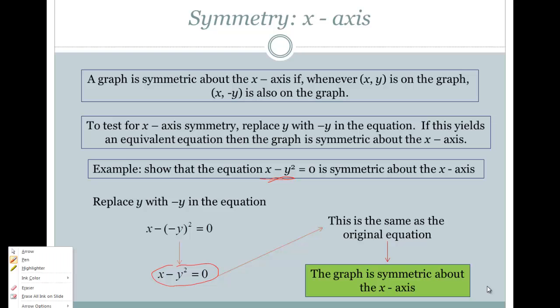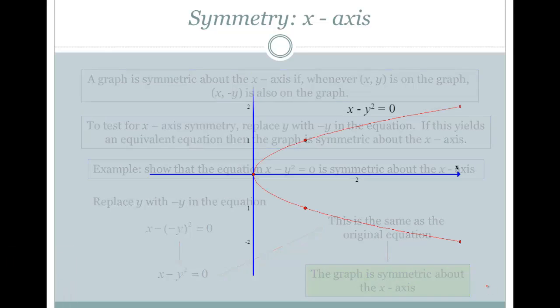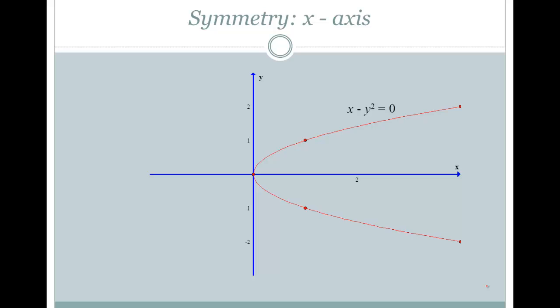Okay, and let's see what that looks like. Let's erase that. It's going to look like this. Now let's see what happens here. I have the point (0, 0). I have the point here (1, 1). Down here I have the point (1, negative 1). Okay? Again, what did we say?